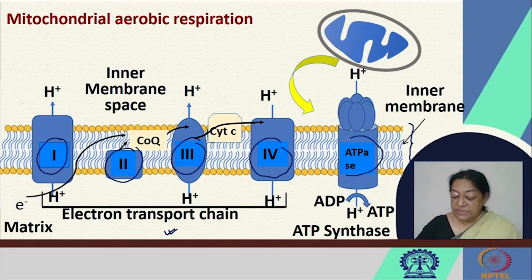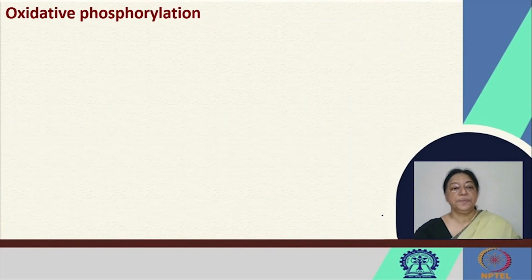We have the ATPase involved here, ATP synthase, where ATP is produced from ADP and Pi. All this occurs in the inner mitochondrial membrane. We will look at the proteins involved in the complexes, and we will see how the electron transport occurs in the final production of water.